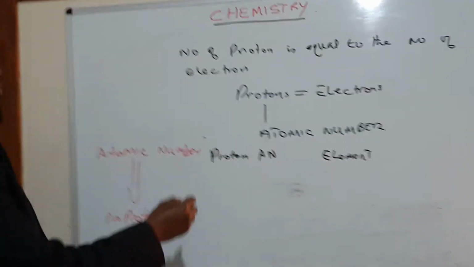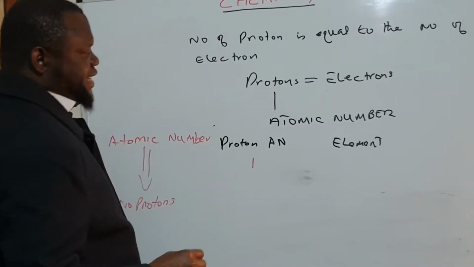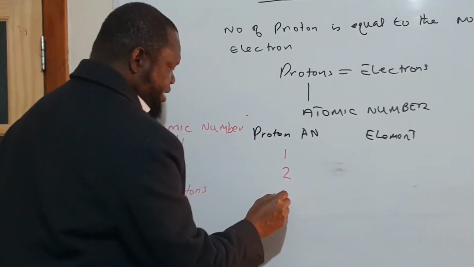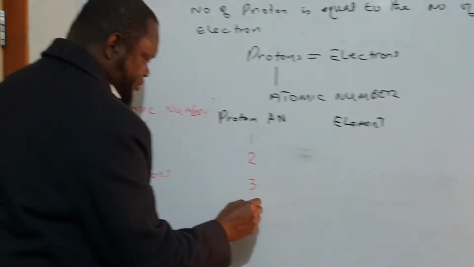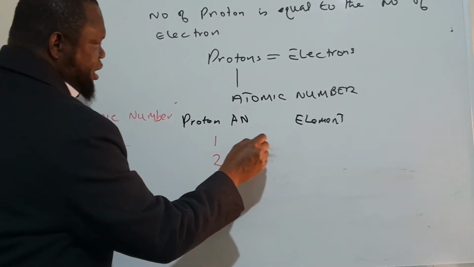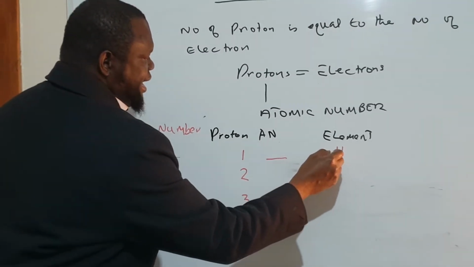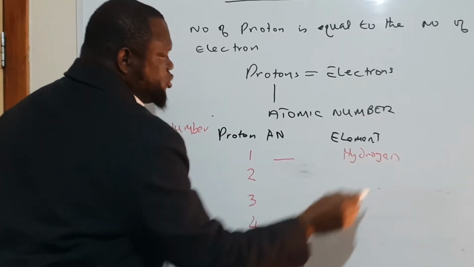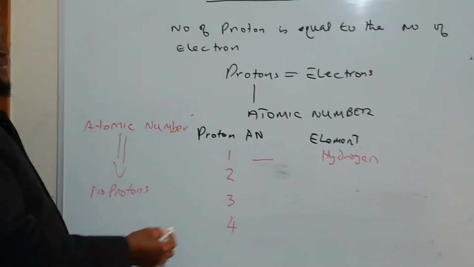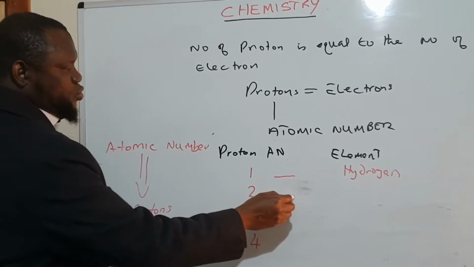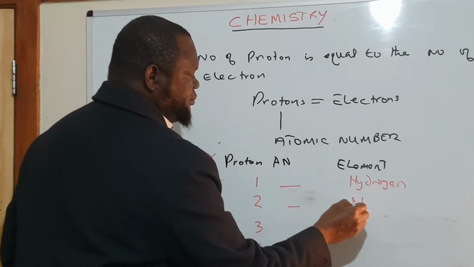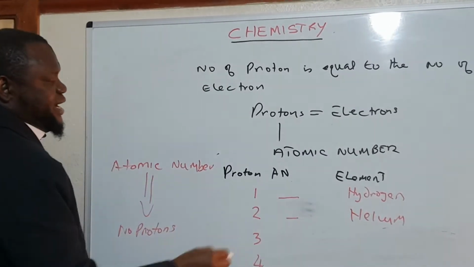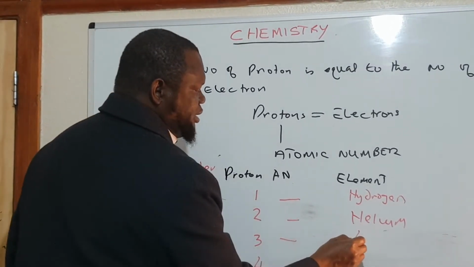So if the atomic number is 1, it is different from an atomic number of 2, different from atomic number of 3, atomic number of 4. If it is 1, we call the element hydrogen. That will be completely different if the atomic number is 2. We'll call it helium. If it is 3, we'll call it lithium.